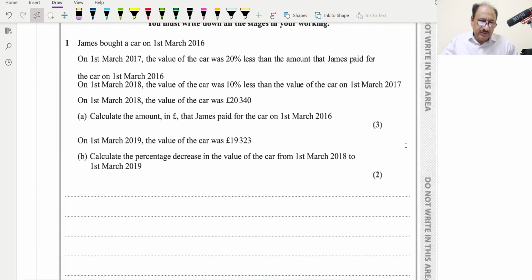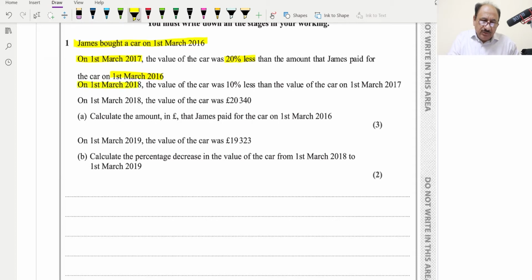Question number 1 says James bought a car on 1st March 2016. On 1st March 2017, the value of the car was 20% less than the amount that James paid for the car on 1st March 2016.